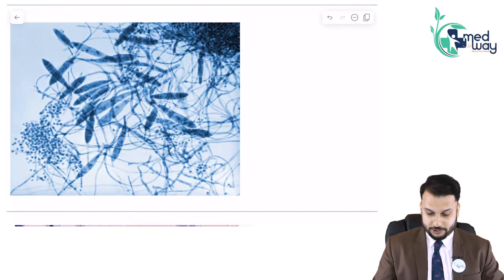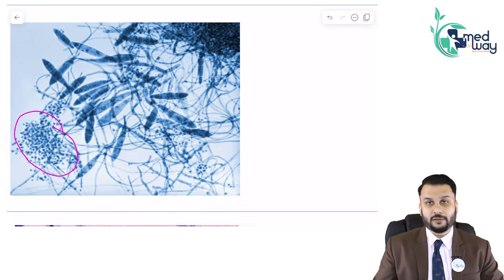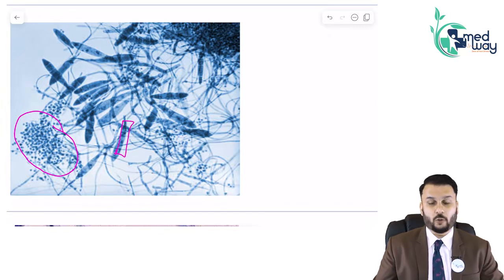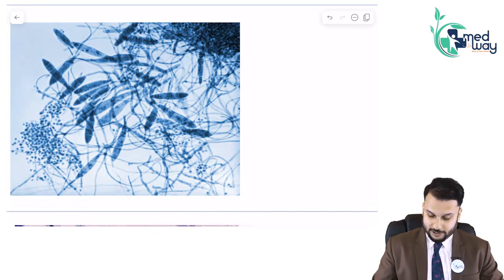Let's look at this picture and identify what this is. In this picture, you are able to see both microconidia and macroconidia. These are all microconidia, and there are quite a lot in this picture. Abundant microconidia and pencil-shaped macroconidia. This is a classical feature of Trichophyton. So this picture is Trichophyton, my friends.